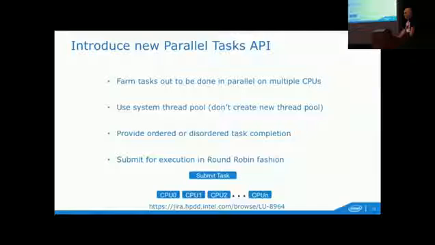This API provides ordered and disordered task completion. This is very helpful to write the code and get the correct completion. So far, I implemented only round-robin submission of tasks.